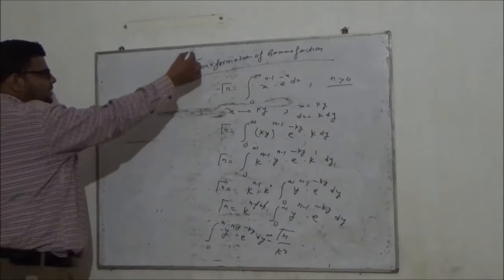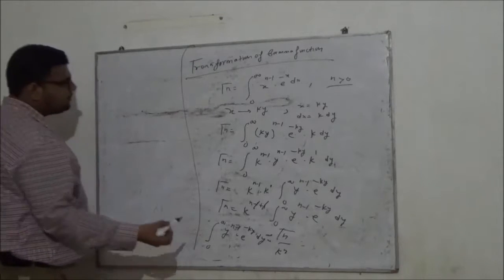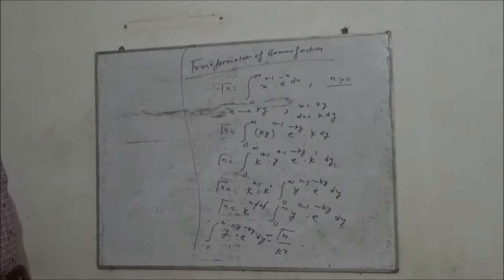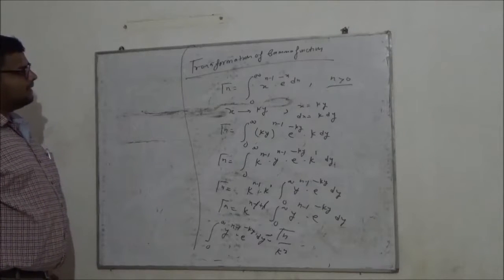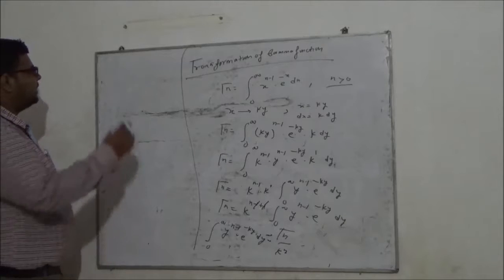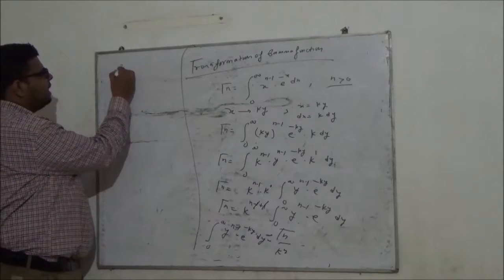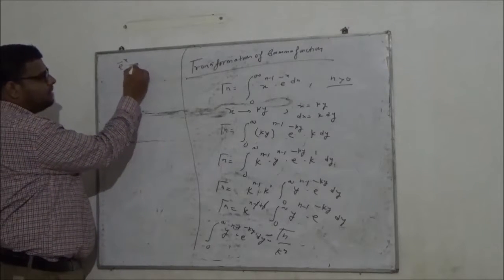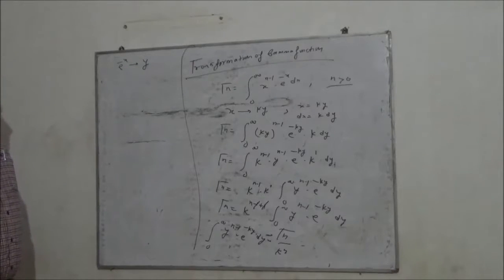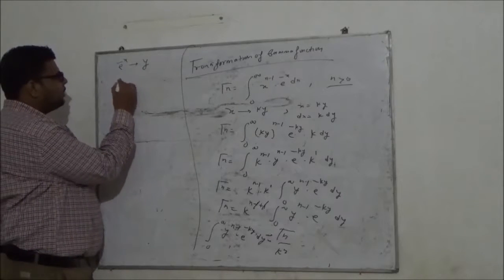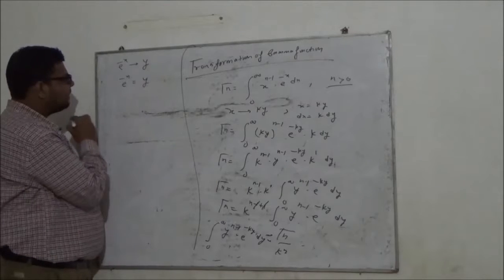Okay, the second transformation: let's suppose we replace e power minus x by y. Then what will happen? I can see that e power minus x is equal to y.